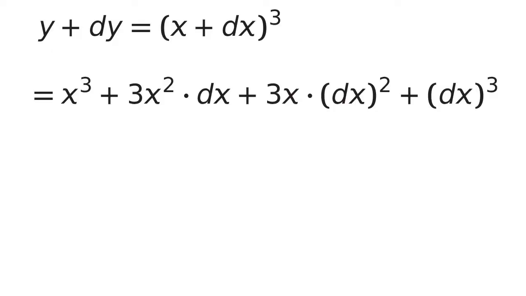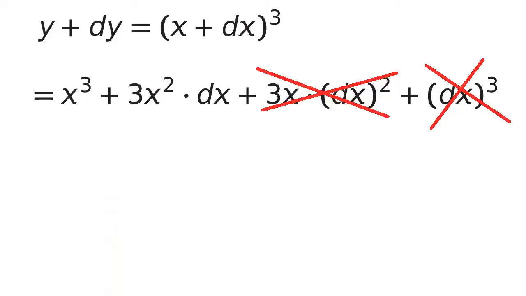Now we'll do the same thing with x cubed. And this is where familiarity with the binomial theorem will come in handy. We're going to cube x plus dx, and we get a whole string of stuff. And we are going to toss out the second order of smallness and the third order of smallness.